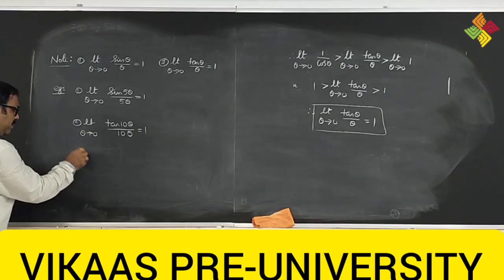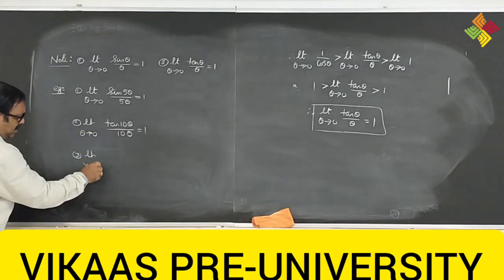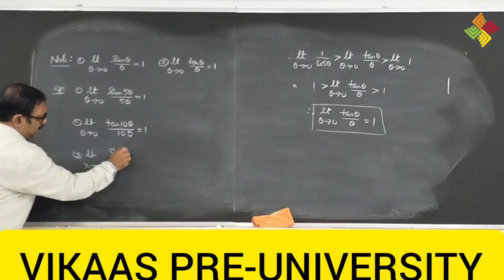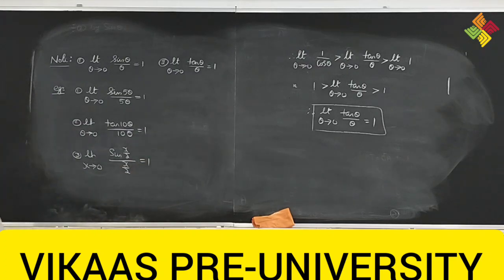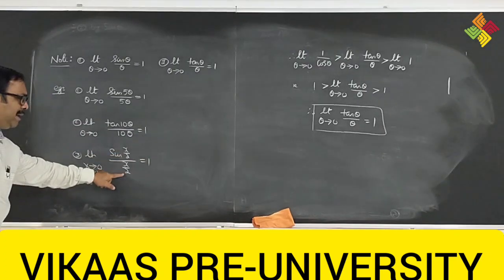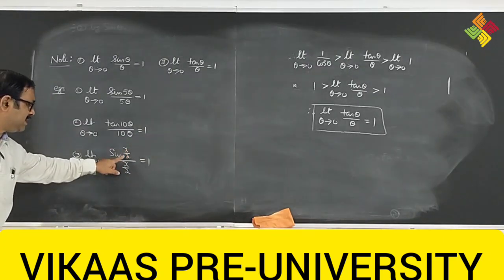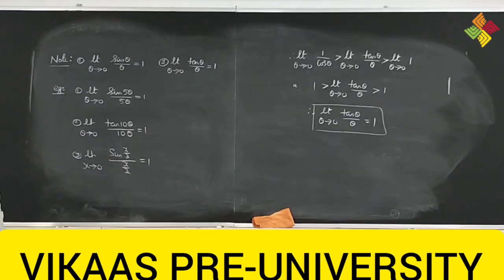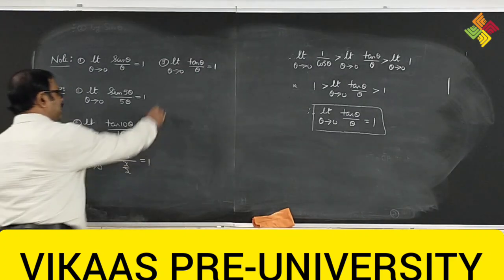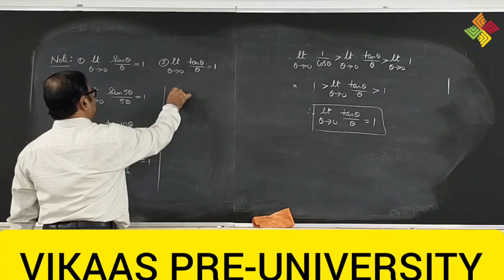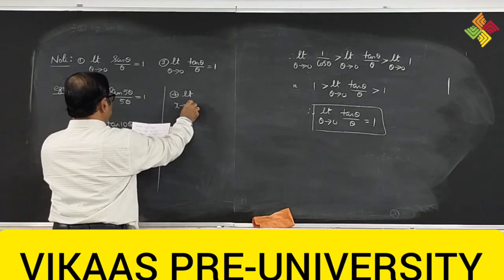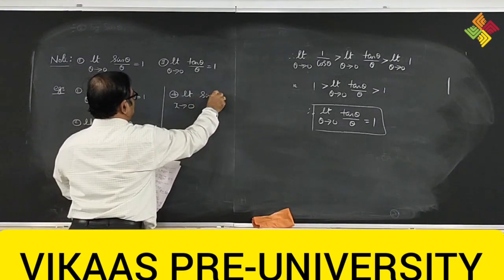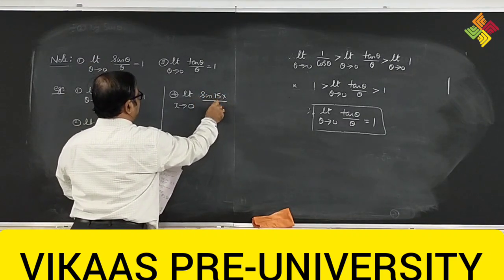Then limit x tending to 0 sin x by 2 divided by x by 2 is equal to 1, by sin theta by theta. So this theta should be there in the denominator. If this is the case, I will write, say, limit x tending to 0 sin 15x by x.